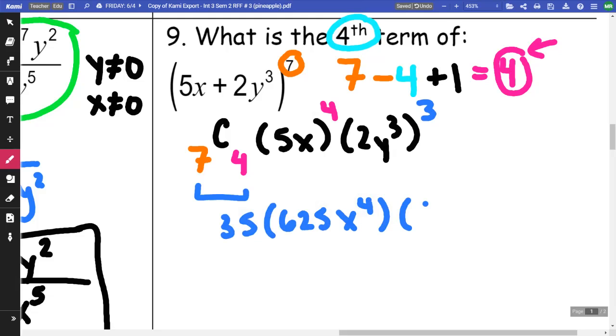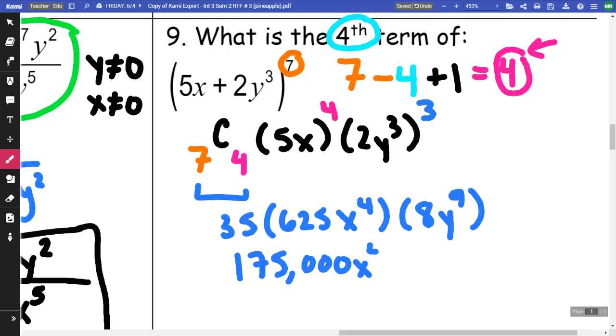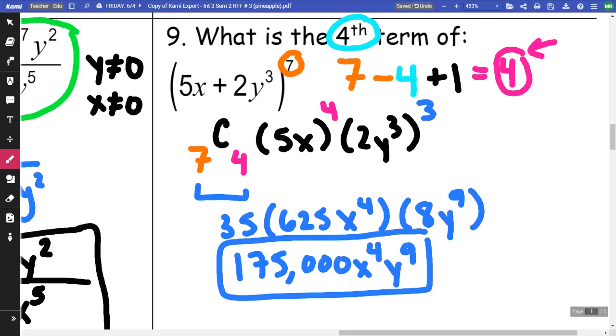And then 2 to the third is 8. Y to the third, raise the third power to a power, I multiply. And then I'm going to take 625 times 35 times 8. I end up getting 175,000 x to the fourth, y to the ninth. And that's my answer.